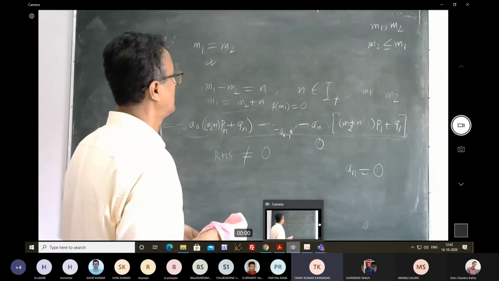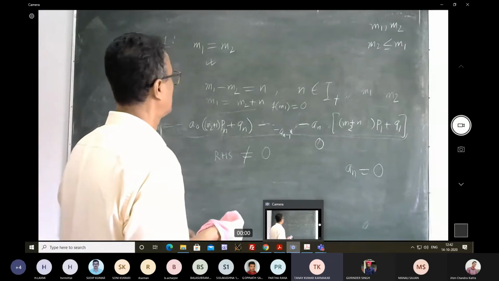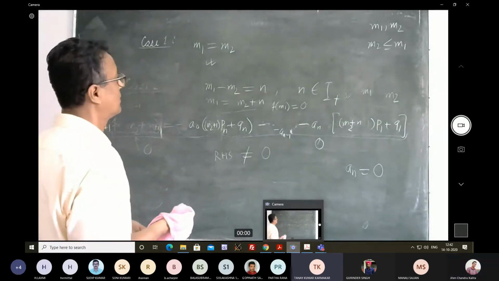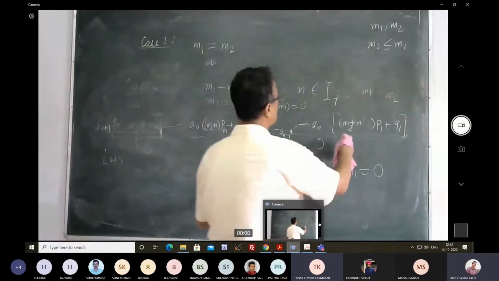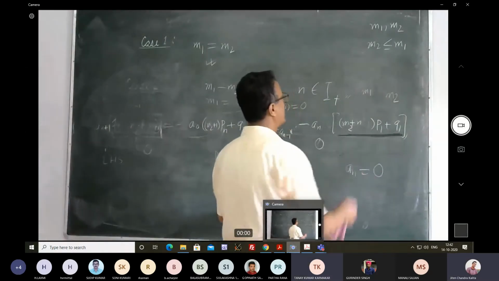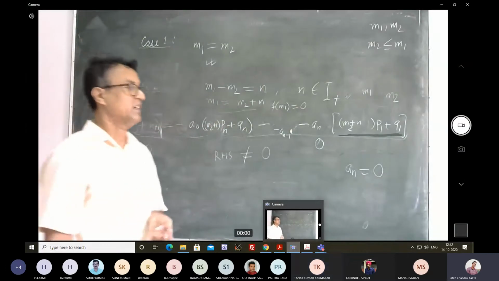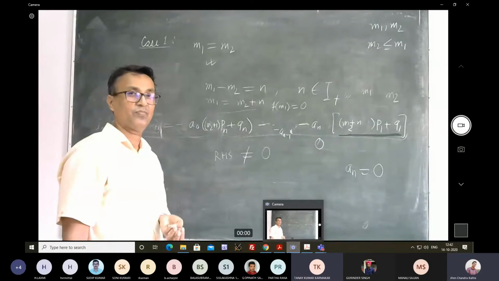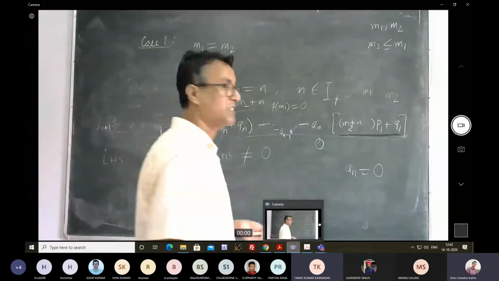So when we are putting this value, f of m2 plus n is 0. This is the root of this function. No, this is not f of m2 plus n. That is different. F of m2 plus n was different. That involved p naught and q naught. Oh, right. Okay, fine. That was different.